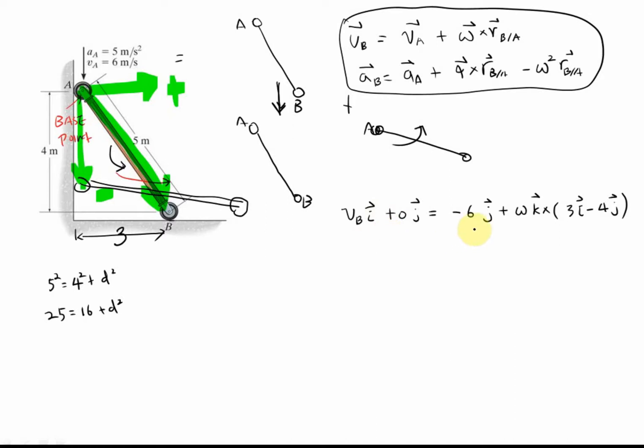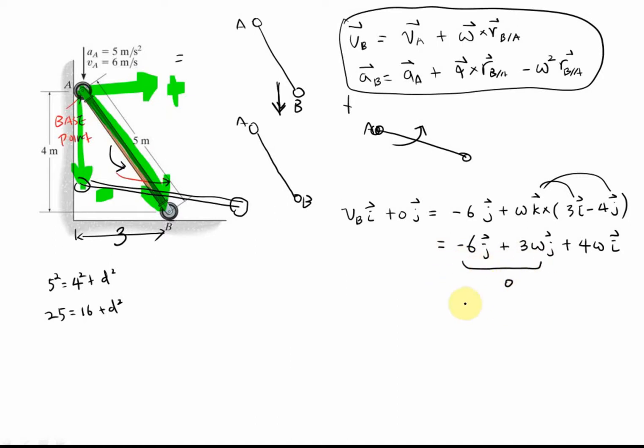So from here I get 6J and K cross I, K cross J. So K cross I is J, so 3 omega J, and K cross J is negative I, so 4 omega I. So right now I know that the J terms should be 0.